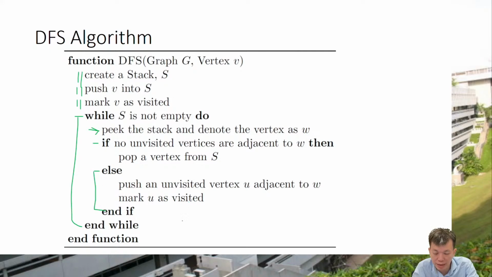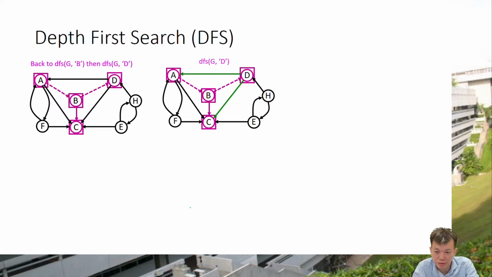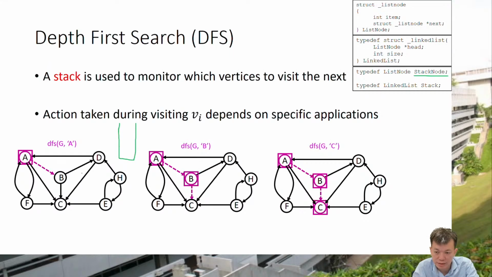So every iteration, you pop one node or you push one node: push an unvisited node and mark it as visited. So when I visit A, I know that B is a neighbor.